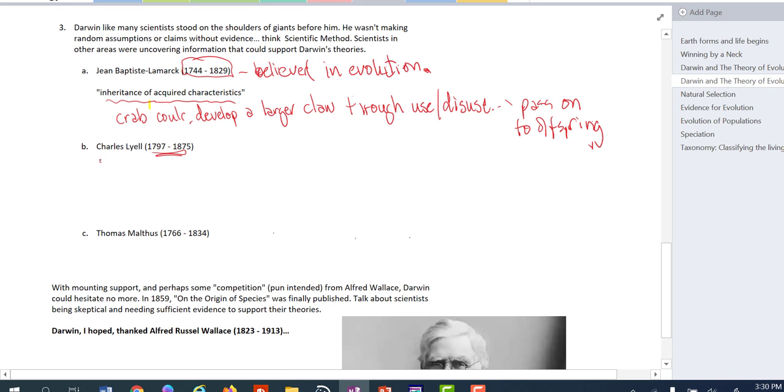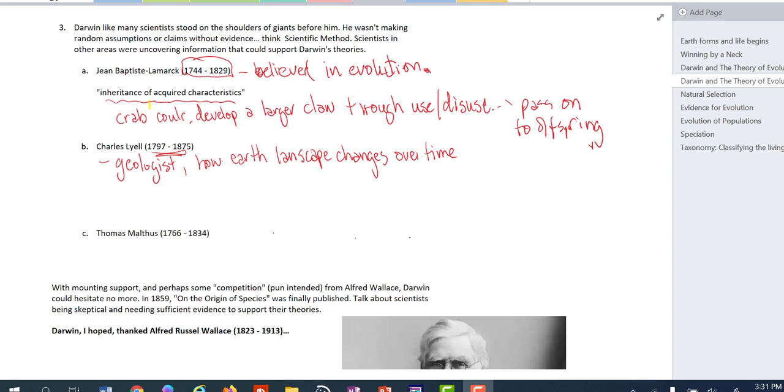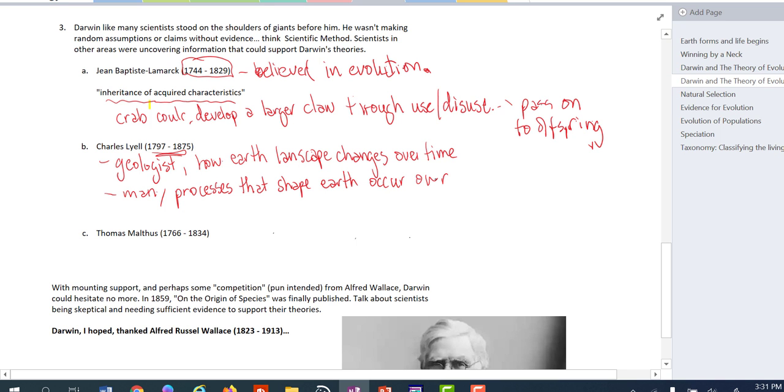And Charles Lyell was a geologist, and so he looked at how Earth's landscape changes over time, and that many processes that shape Earth occur over millions of years.